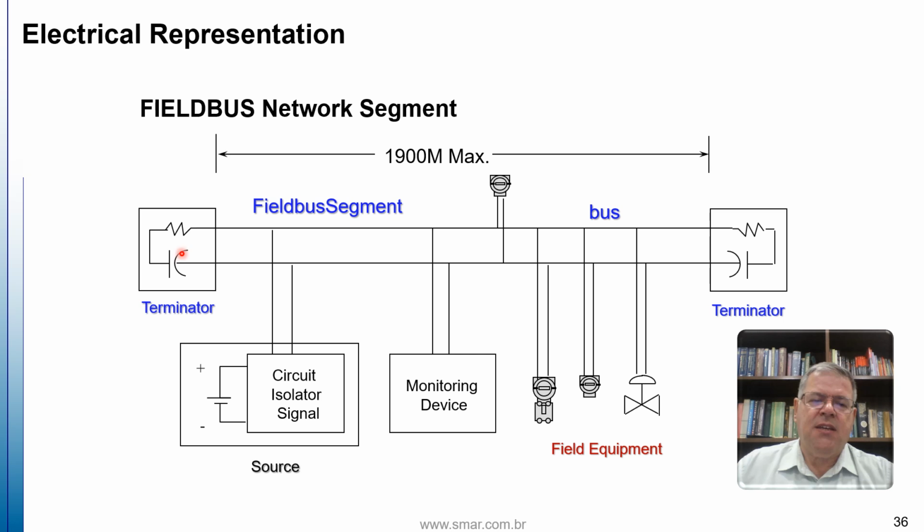So we have the initial terminator, the final terminator, the distance we talked about earlier, all the equipment in parallel, okay? The circuit comprises an isolator, power supply, and other components. Show the network electrically in this format.